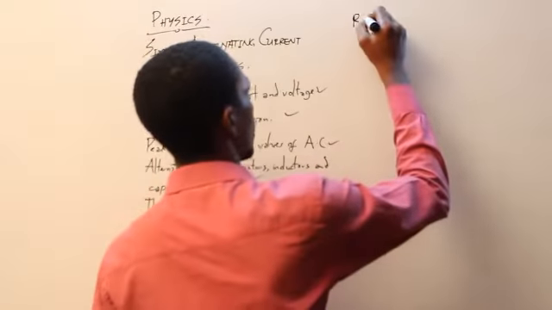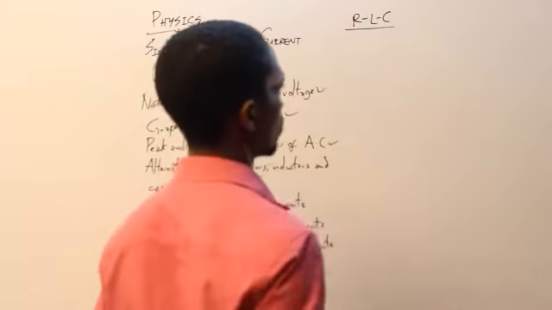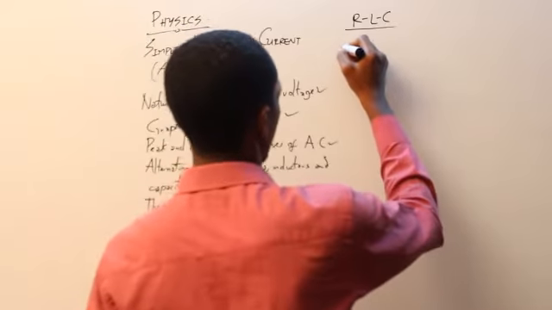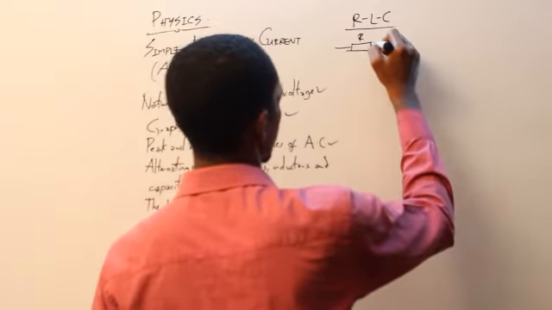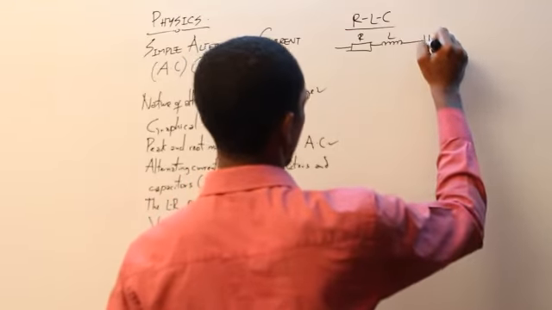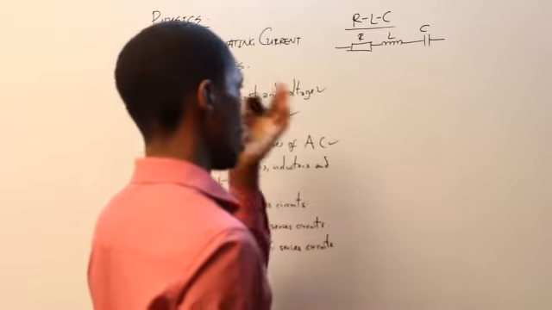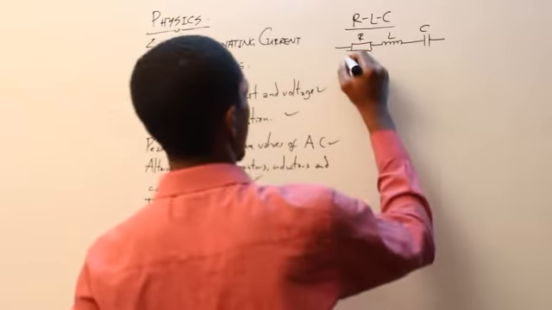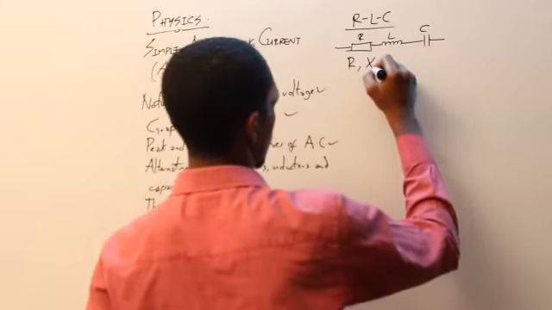Our RLC circuits, of course, will be something like we have resistor, inductor, and capacitor. Resistance, inductance, and capacitance. So our resistance will be calculated as R, our inductance, that's XL.